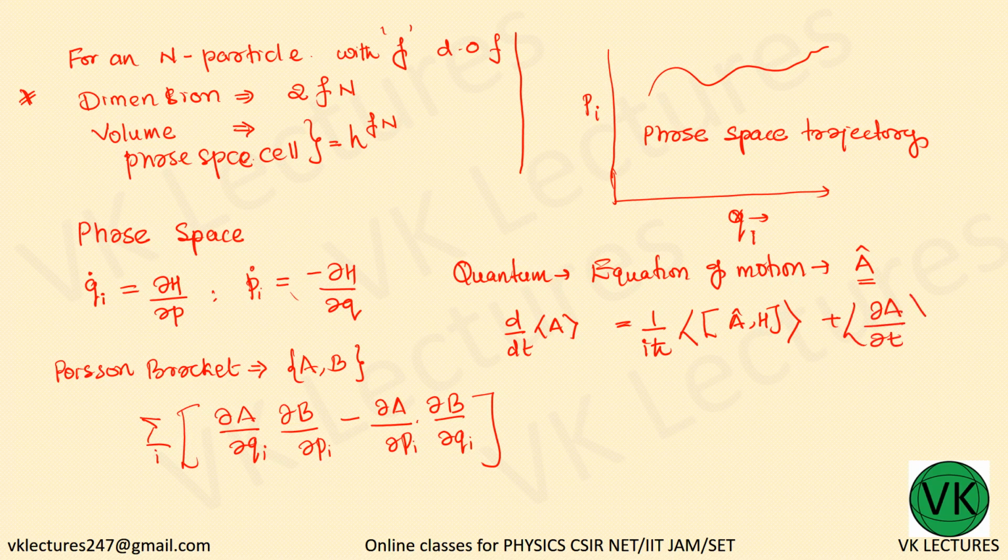This is the quantum mechanical equation of motion, and in classical mechanics you will arrive at d by dt of the quantity a equal to the Poisson bracket of a comma h plus dou by dou t, the partial derivative of a. So this is in classical mechanics, while the other is in quantum mechanics.